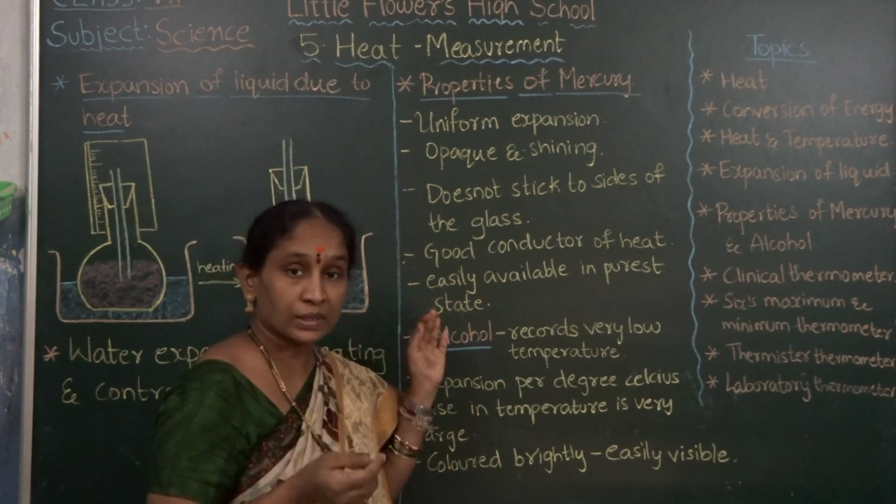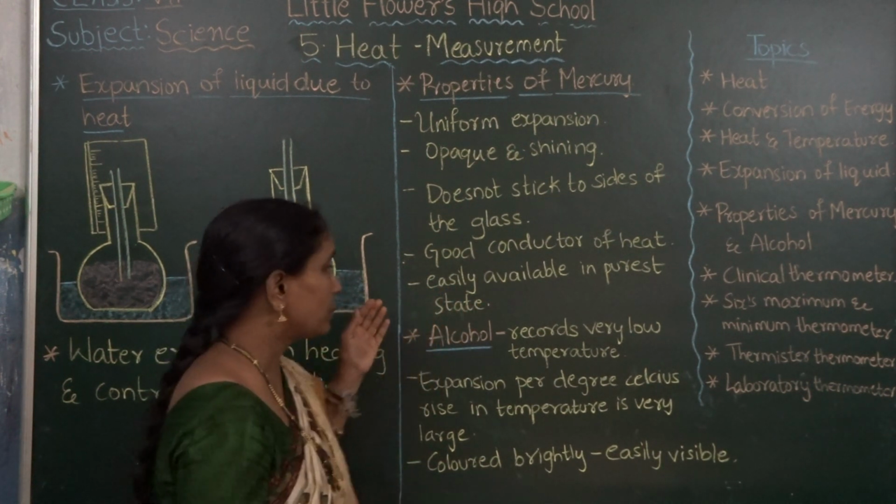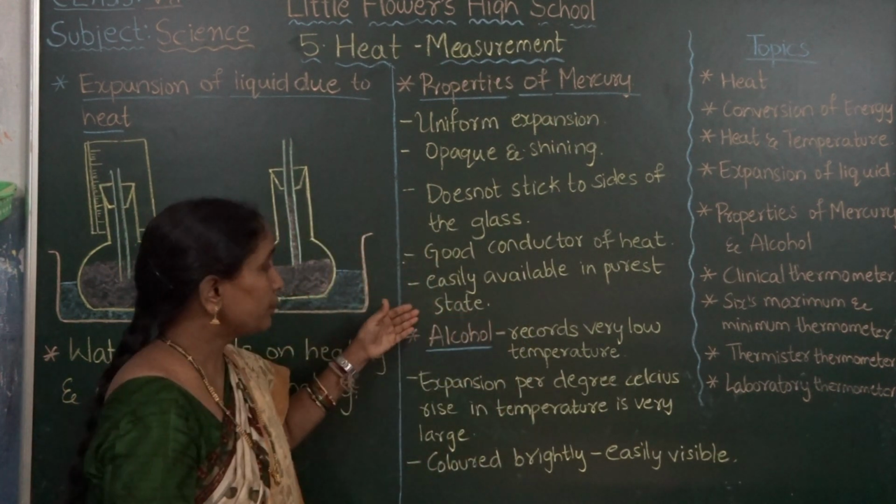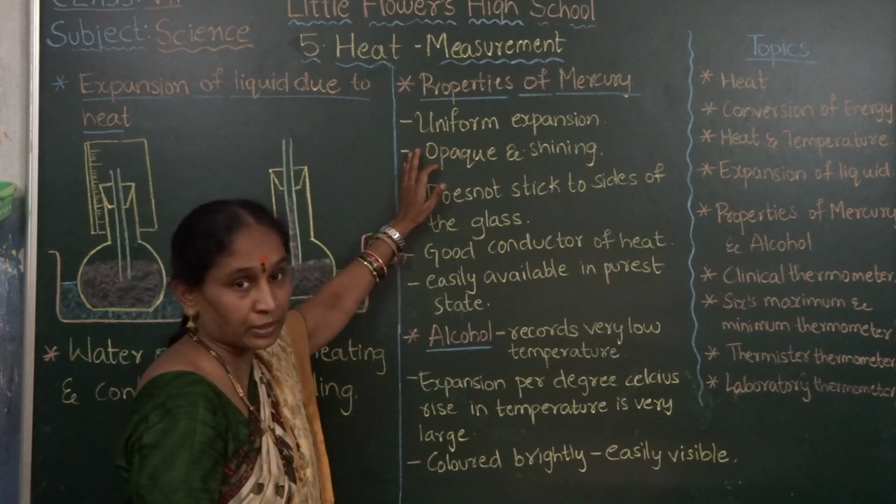Heat will be transferred easily through the mercury. Next, it is easily available in the purest state. So these are all the properties of mercury.